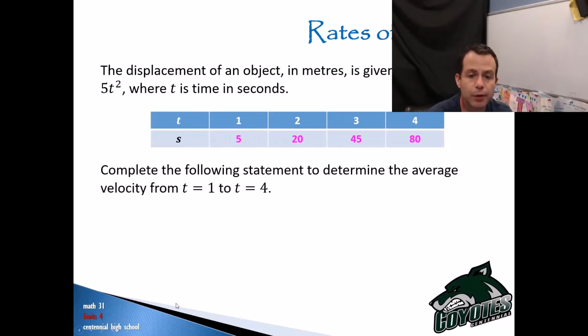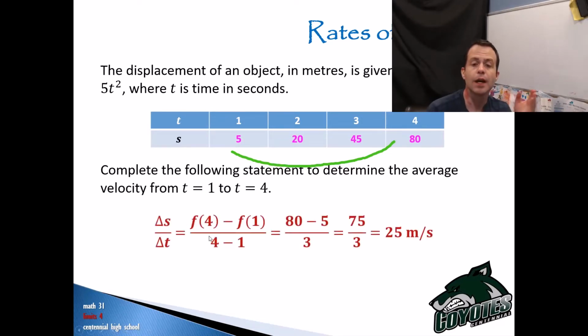Well, if I'm going from 1 to 4, right away, I can see the total distance is 75, right? Going from 5 to 80, okay? And the total time would be 3 if I'm going from t equals 1 to t equals 4, right? I'm just taking the slope. I'm going y2 minus y1 over x2 minus x1. That's really all I'm doing right there, right?